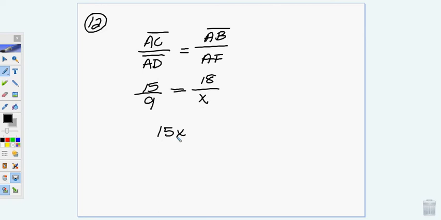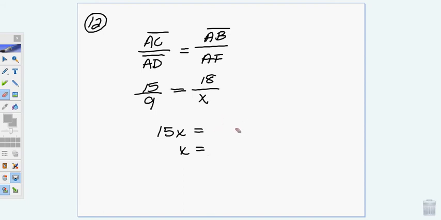9 times 18. Oh my goodness. 9 times 18 is 171. All right, so you are going to get a decimal when you divide this. That can't be right. It's not 171. My arithmetic was incorrect. It's what happens when I try to do it in my head.